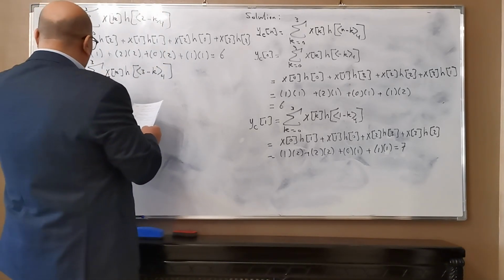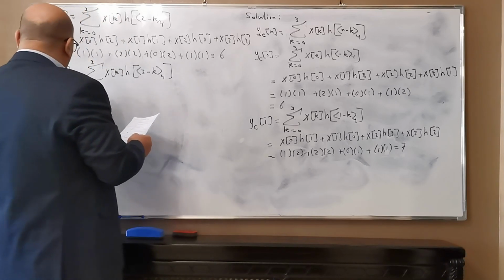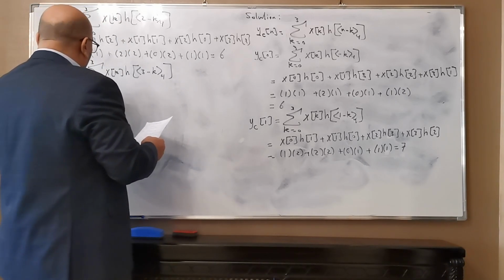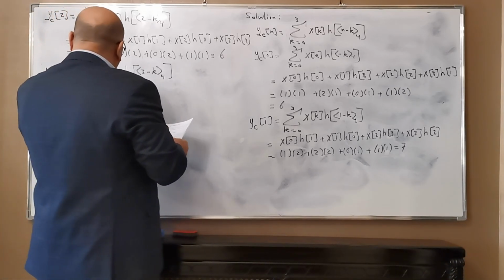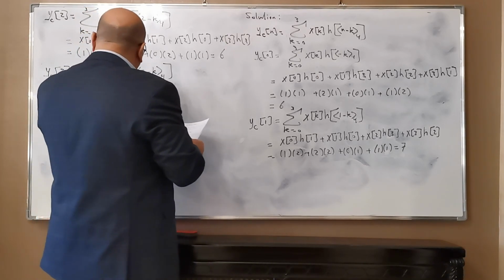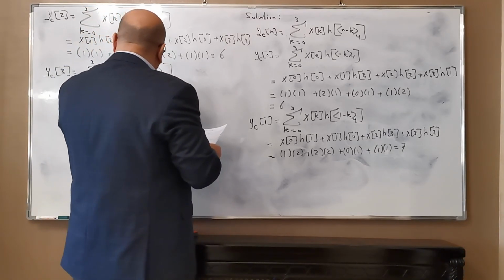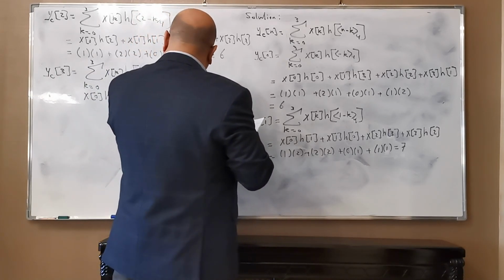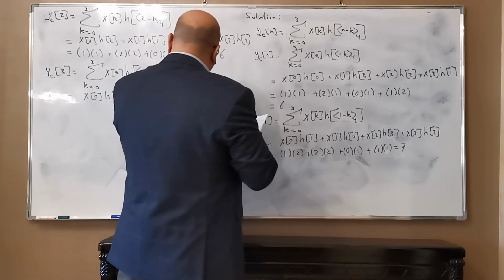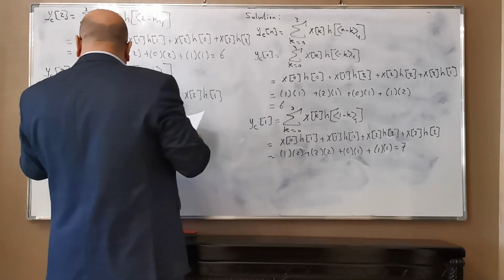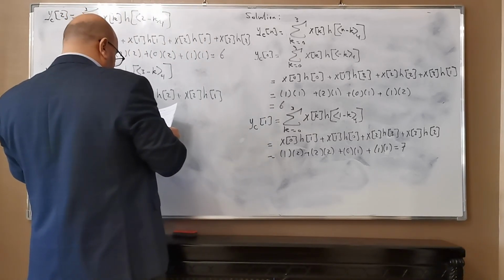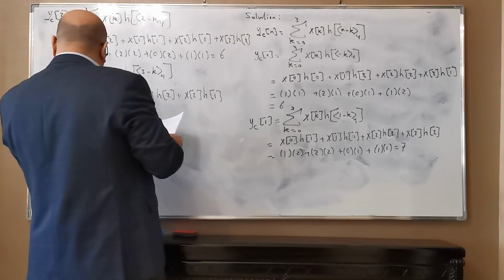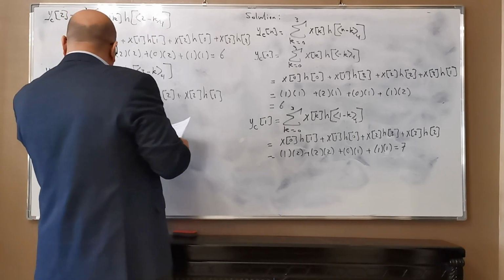Expanding the summation, it's x of 0 times h of 3 plus x of 1 times h of 2 plus x of 2 times h of 1, and x of 3 times h of 0.